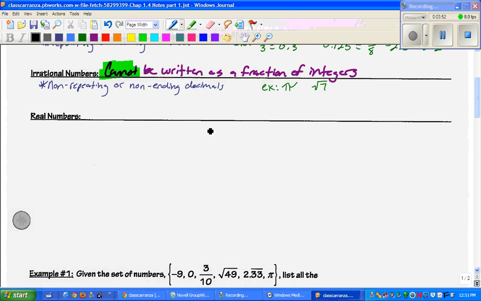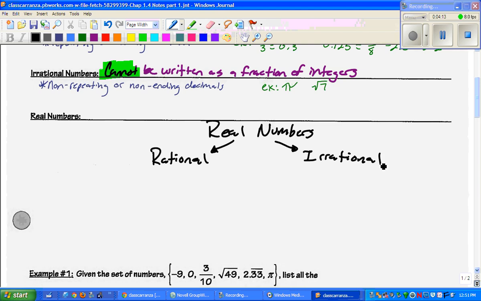To kind of organize everything, all the numbers that we're going to talk about are real numbers, okay? Now, real numbers can be broken down into two groups. They can be broken down into rational or irrational numbers.